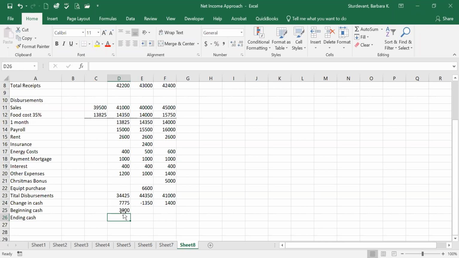So we're going to add those two together to get our ending cash. Ending cash for October becomes beginning cash for November. And so we end up with 10,828.